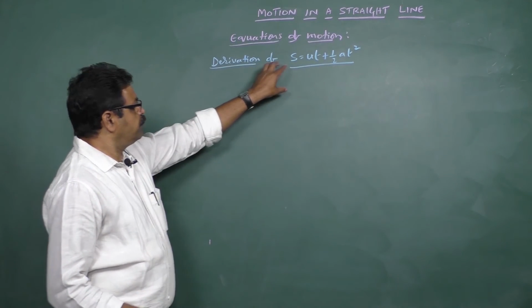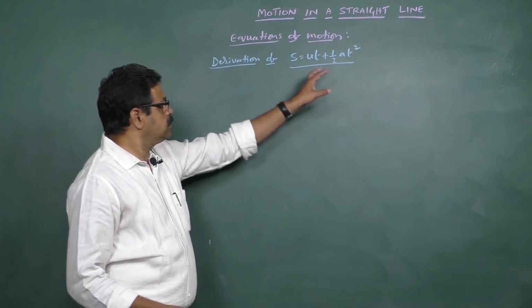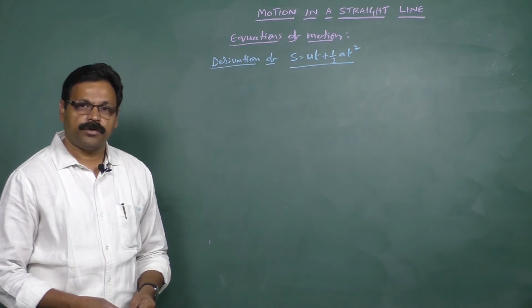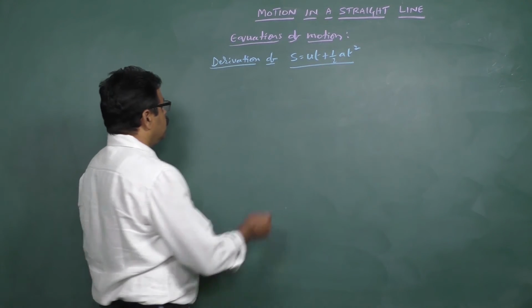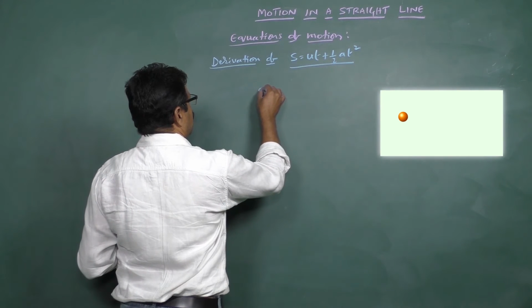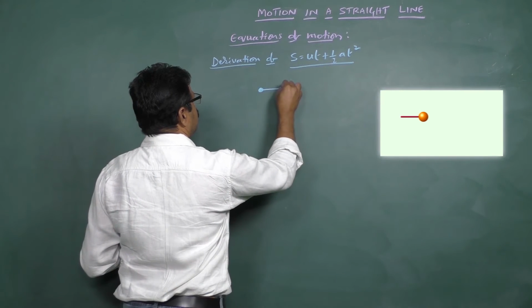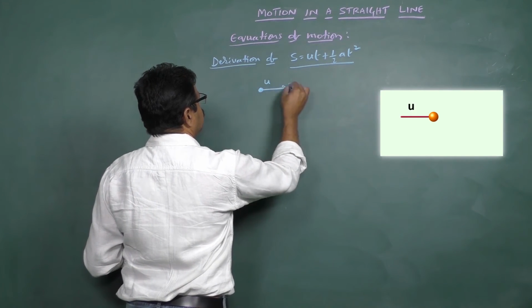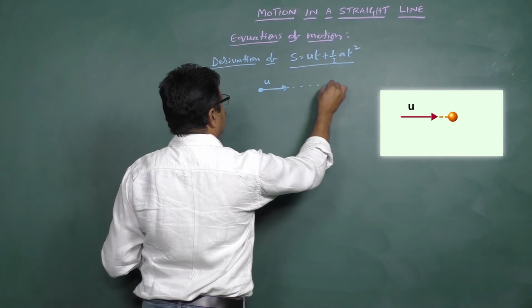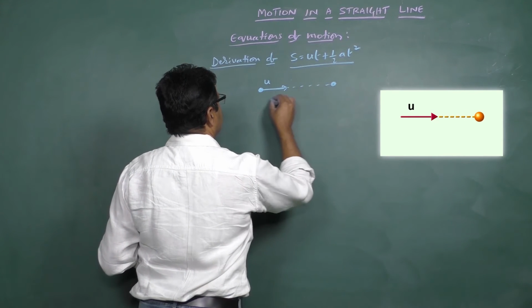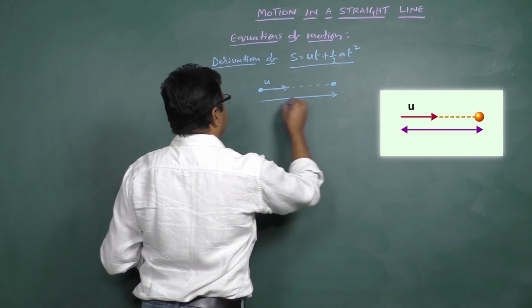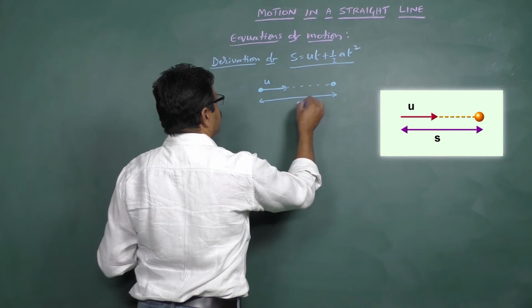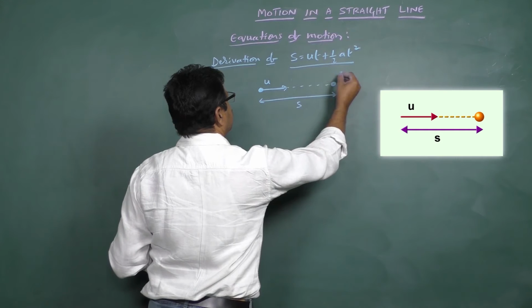Now we will derive the second equation of motion, that is s is equal to ut plus half at square. Here we consider a body starting with an initial velocity u and moving with an acceleration a, reaching another point at a distance of s after time t.